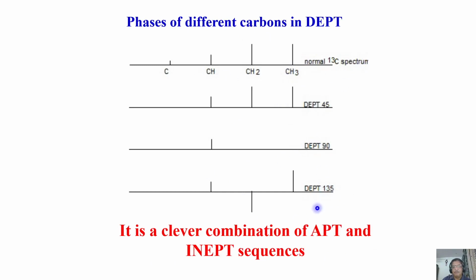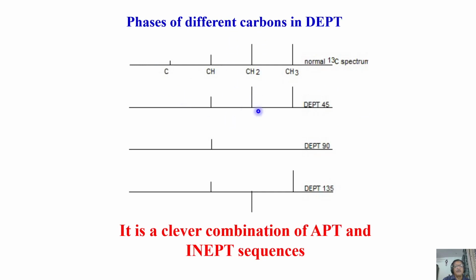So this is a stick plot, not a real spectrum. If I do a normal carbon 13 experiment, you see all carbons: CH3, CH2, CH, quaternary. I do DEPT 45, I don't see quaternary. Why? Because it is not attached to protons, so it is no question of detecting this. So do one thing, do a DEPT 45 experiment.